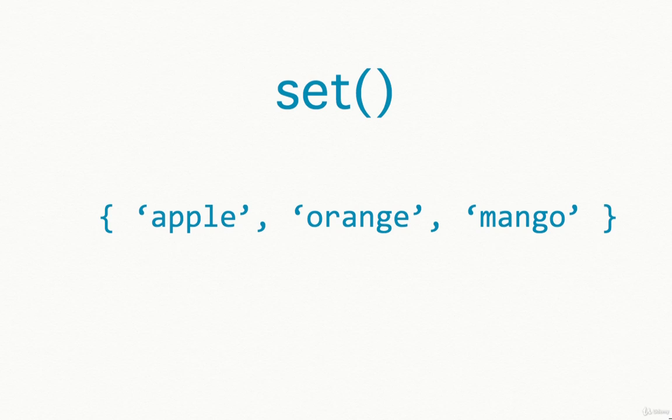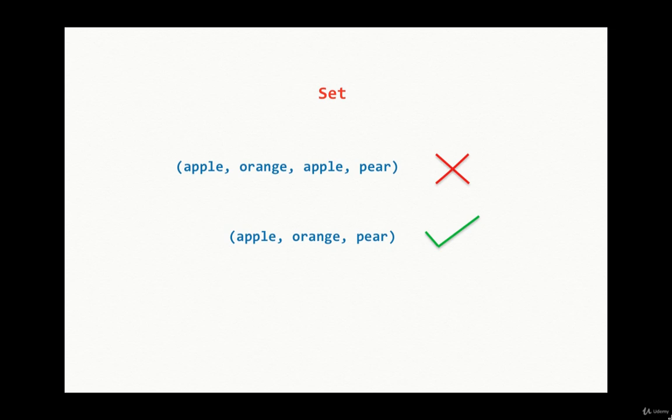Here we have a set that contains three elements, that is apple, orange, and mango. In the first example, where we have apple, orange, apple, pear, four elements, that is not a set because apple is repeated twice.